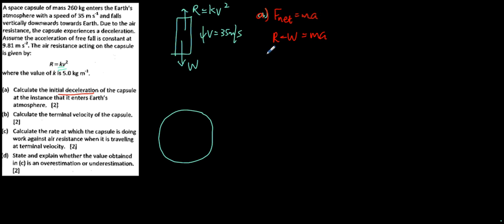So R is what? R is kV squared, as stated here, minus W, which is mg, equals ma. Now, what is the a then? So a is equal to kV squared minus mg, divided by m. k is given as 5, so 5, speed is 35 squared, minus m is 260.